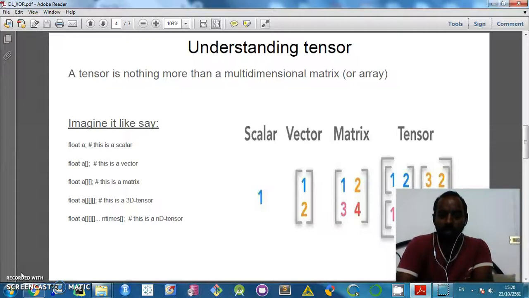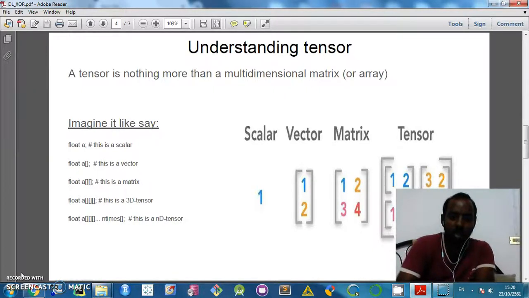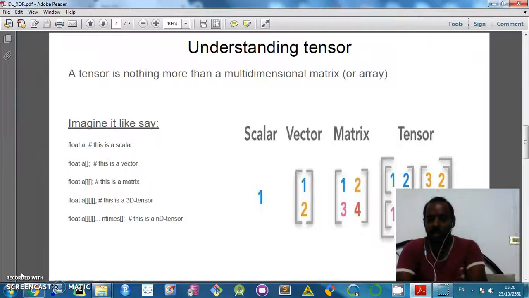When you write a float with a single dimension, this is a vector. When you write a float with 2 dimensions, this becomes a matrix. When you write it for 3 dimensions, it becomes a 3D tensor, and when you write it for n dimensions, it becomes an ND tensor.